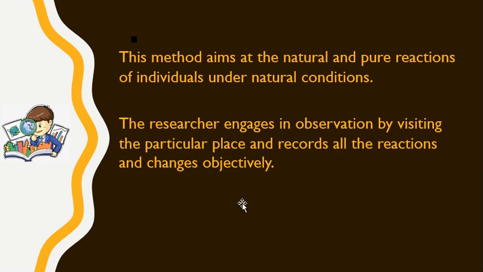This method aims at the natural and pure reactions of individuals under natural conditions. The subjects are observed under natural conditions, not in a lab or any controlled condition, but naturally. Their natural behavior is studied and recorded.